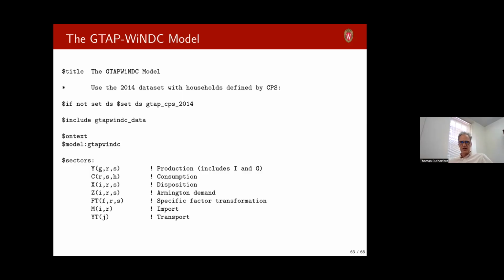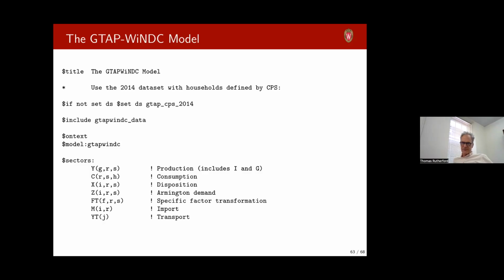FT is the factor transformation activity, which is the GTAP specification where certain factors may be sector specific, in particular agricultural production or natural resource based sectors like oil, gas, coal.